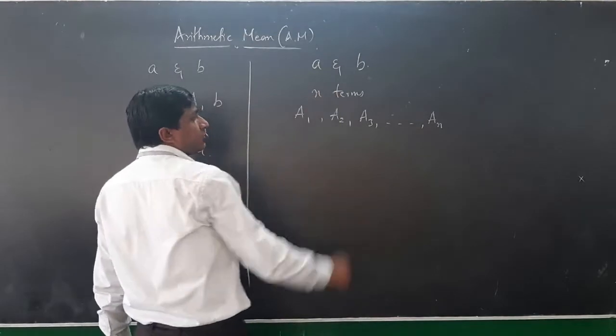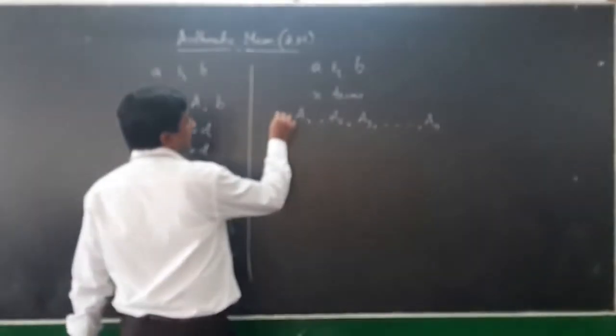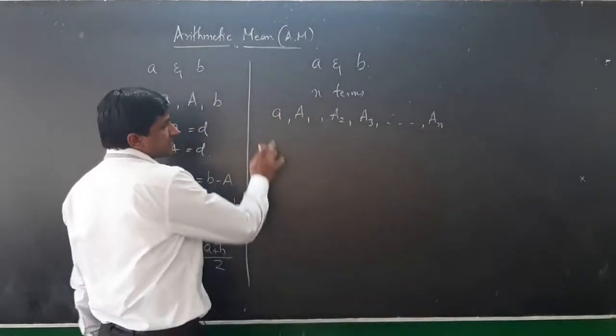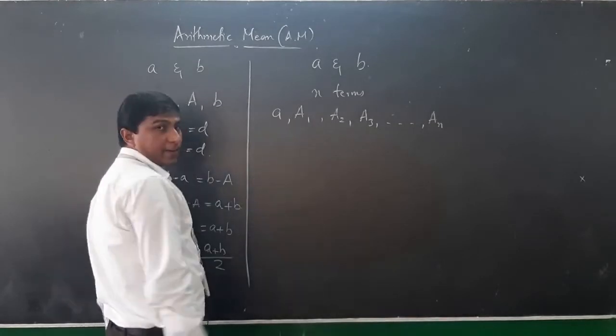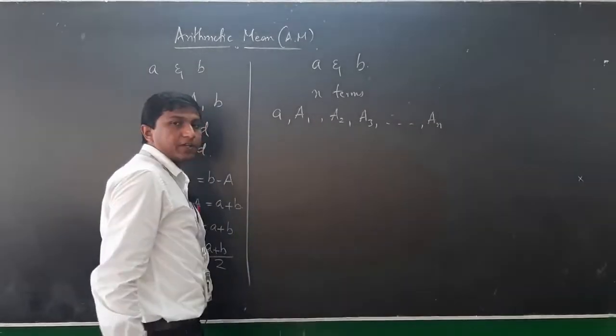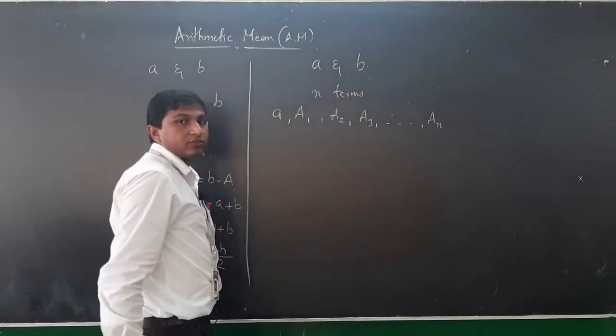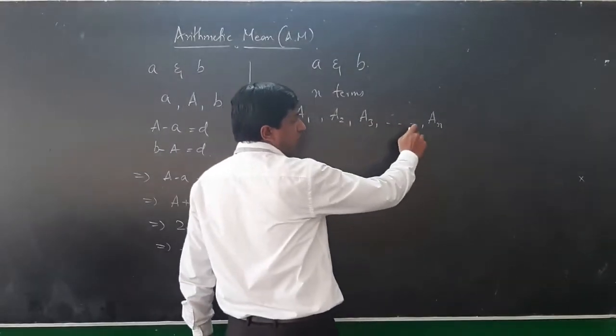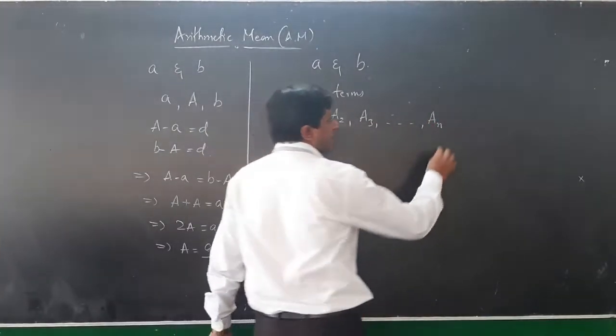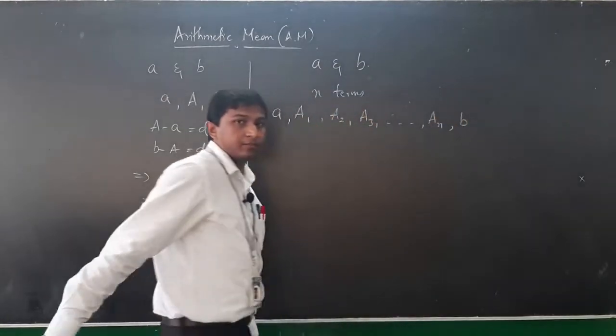So how will the total series look? It looks like this: small a, comma, capital A1, comma, capital A2, comma, capital A3, and so on, comma, capital AN, comma, b.